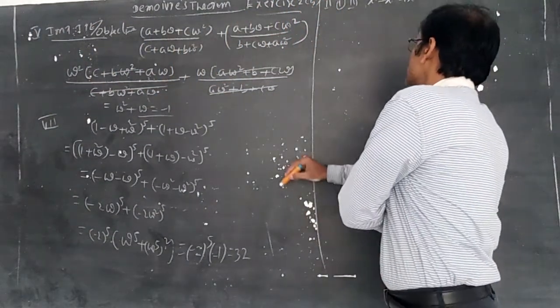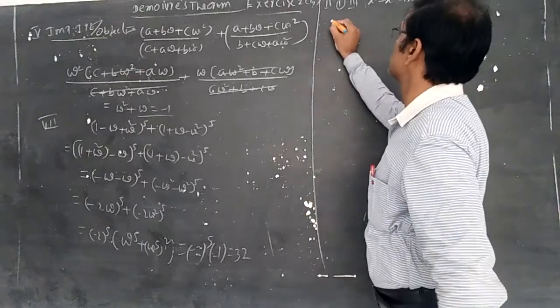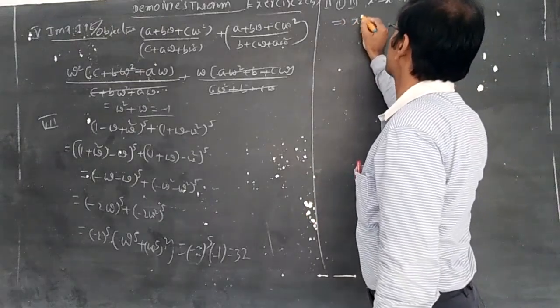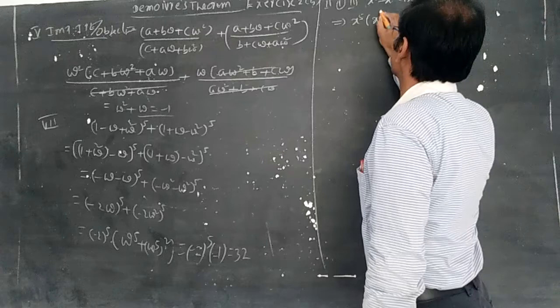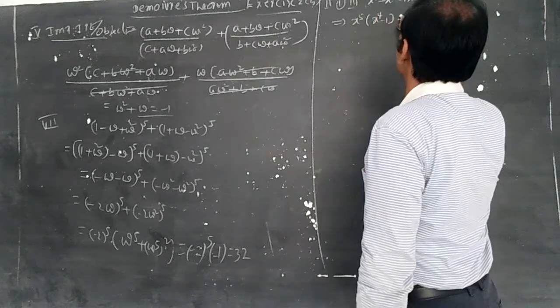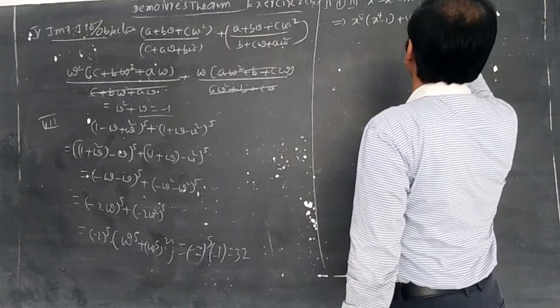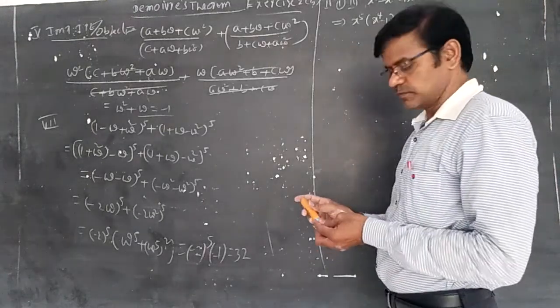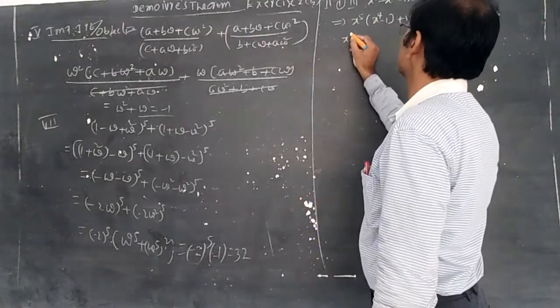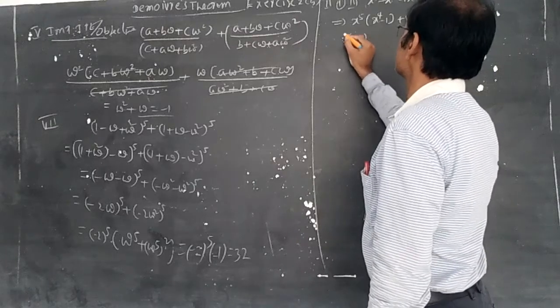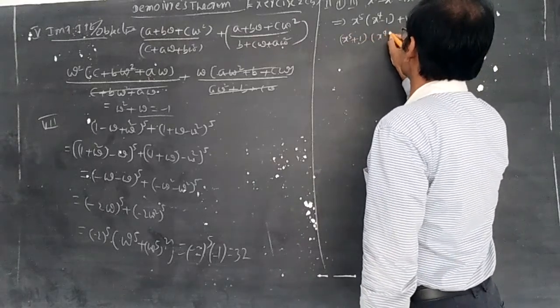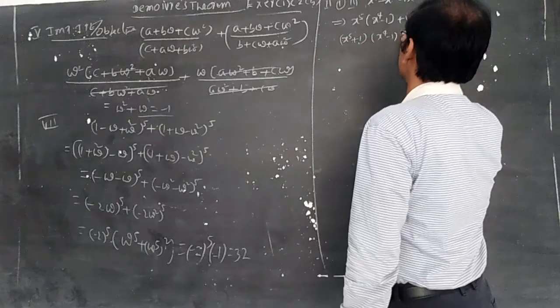Take x power 5 common: this is x power 4 minus 1, plus take 1 common here, so this is x power 4 minus 1 equal to 0. So (x power 5 plus 1) into (x power 4 minus 1) equal to 0.